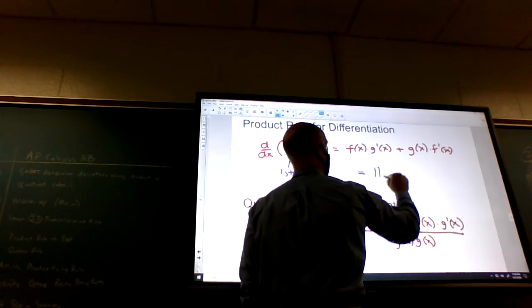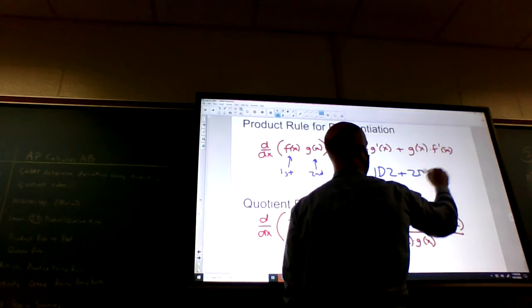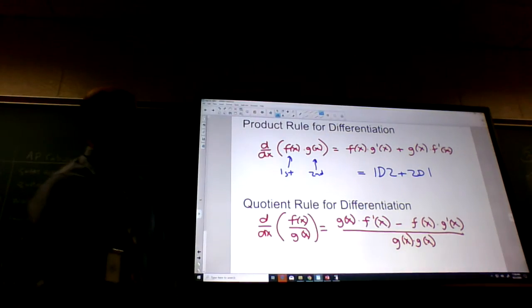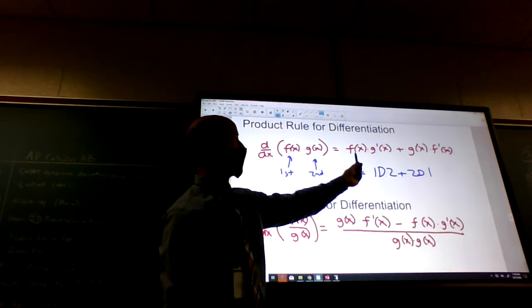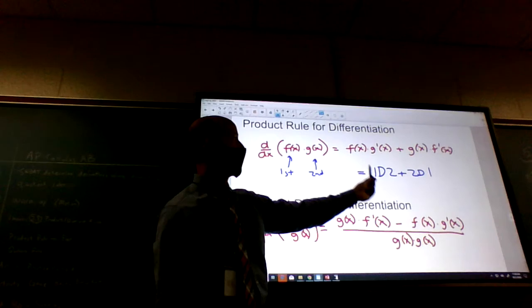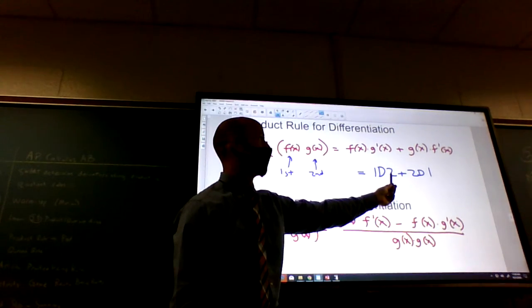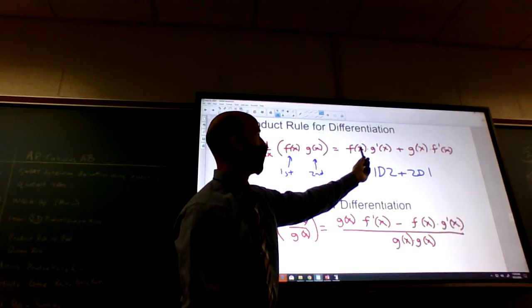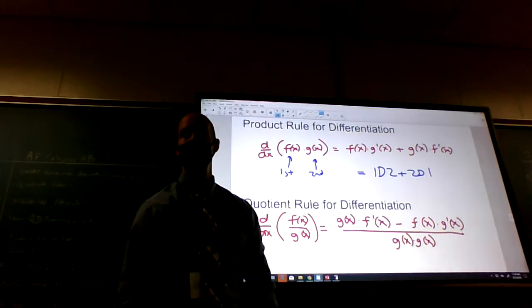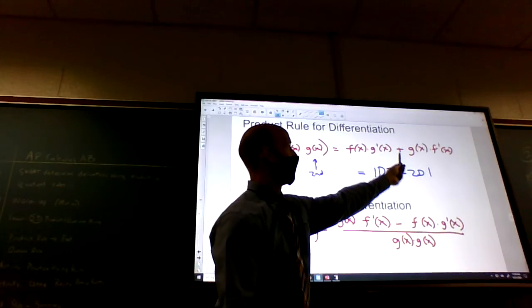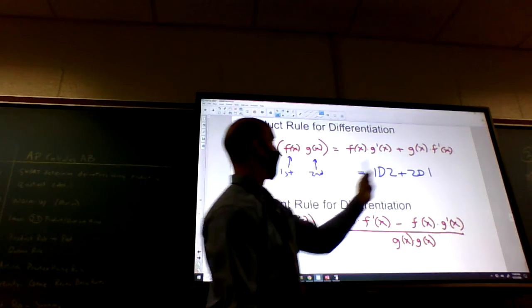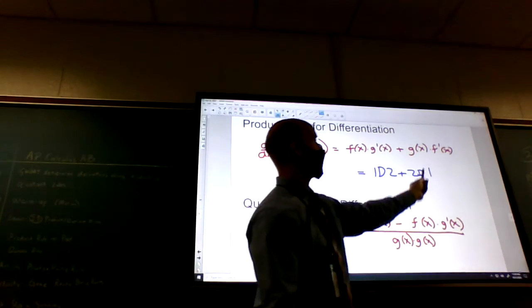I just write this to help me remember it. So this is the first. Guess what D stands for? Derivative of the second one. So it's 1 D 2 plus 2, which is the second one, times the derivative of 1.